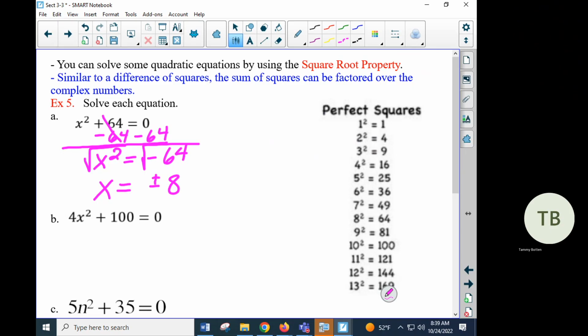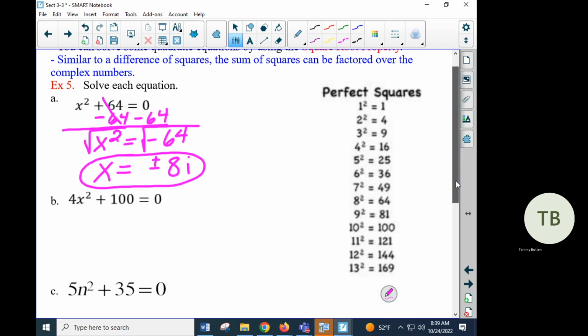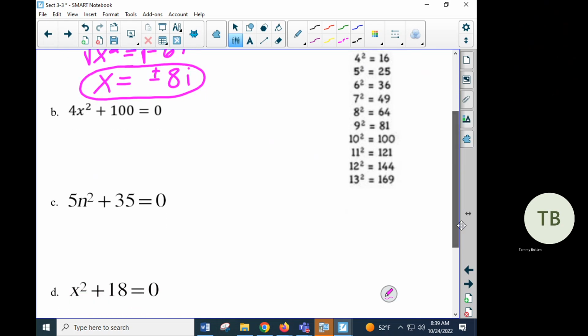And what do I do with that negative? What do I take out? For that negative, you take out an i. And that is our answer. So whenever you take a square root like that, you put the plus or minus in front of it.